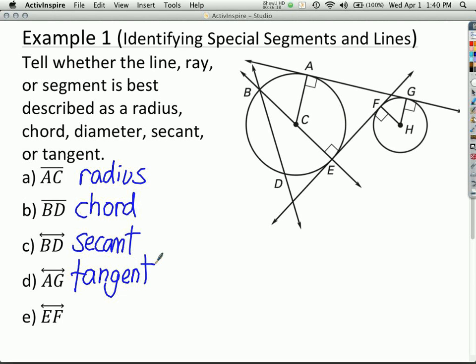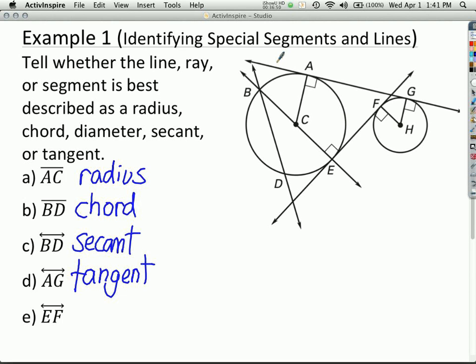Not only is it a tangent, but you're going to learn in a little while that that's actually called a common tangent because it is tangent to both circle C and circle H. So it's a tangent and it's another tangent. It's called a common tangent. We're going to explore that in a little while. Yes? So the point. Yes. The name of the center point is the name of the circle. Very good. Thank you for bringing that up.